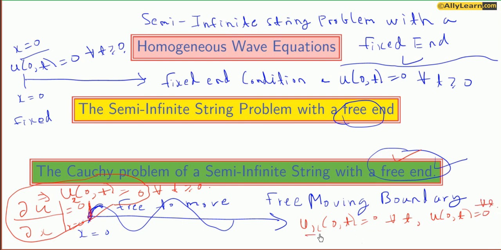So this is the difference in terms of mathematical expressions between this problem and the problem of the fixed end which we considered in our previous video lecture. So now let's derive the solution for this semi-infinite string problem with a free end.